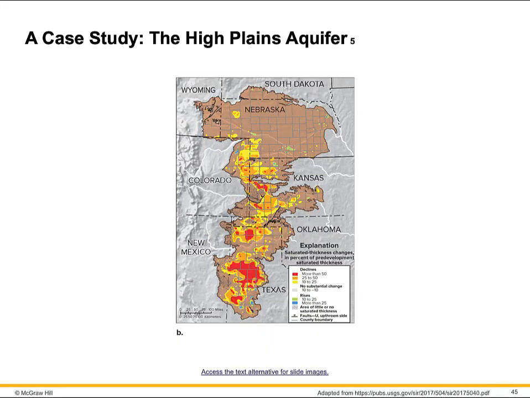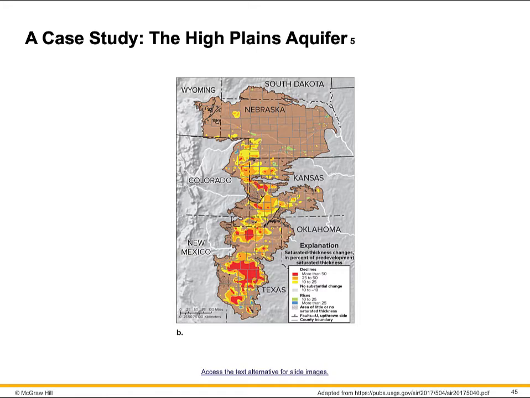There is no contemporary source for the water to recharge the whole aquifer. Most of the water in the aquifer entered it during the last glacial maximum, which was a much wetter climate. This is fossil water. It's being used up faster than it's being recharged, and the water table is dropping over much of the aquifer.